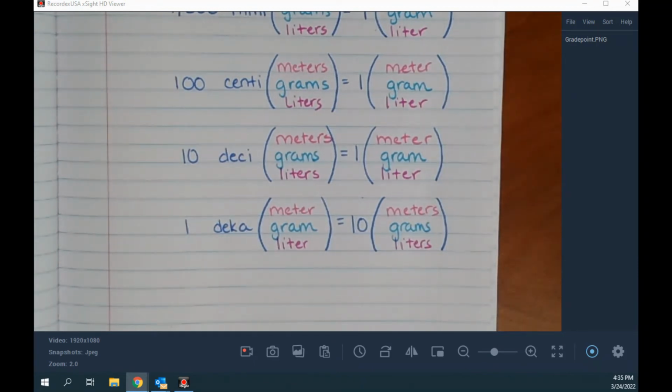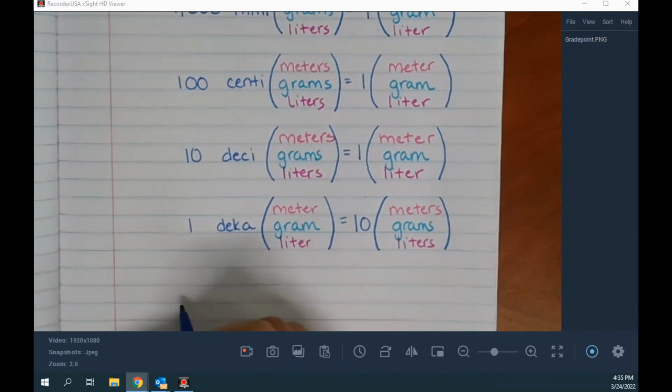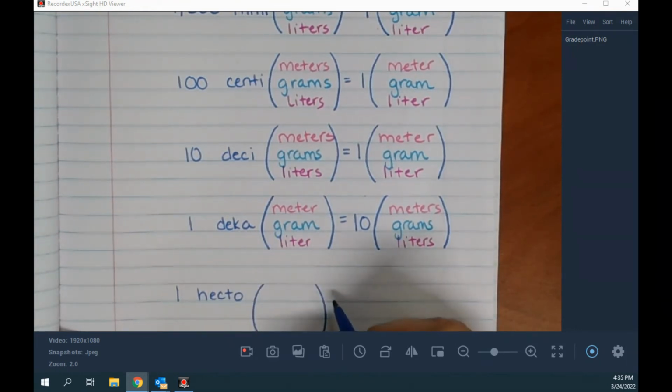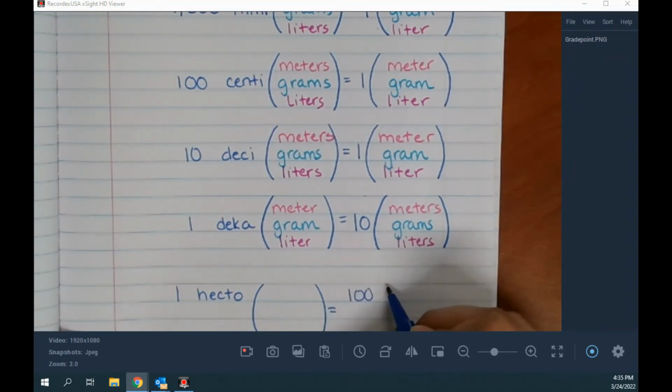Okay, we've got 2 more prefixes we're going to look at. The next one is hecto. So 1 hectometer is equal to 100 meters.